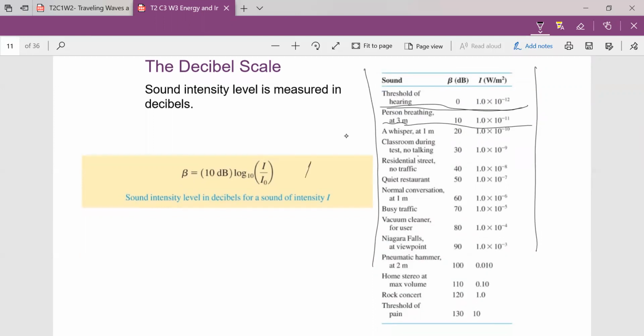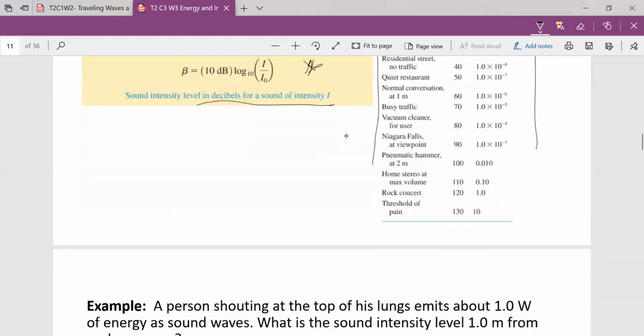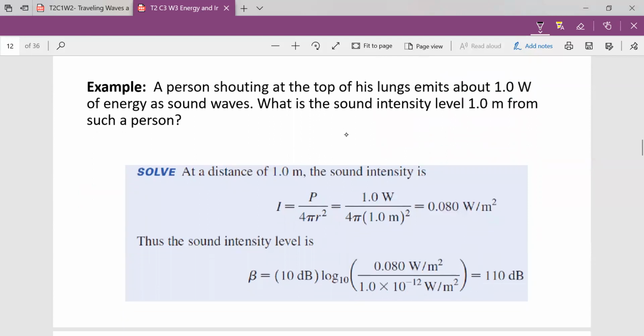And this is the standard formula for sound intensity level as described in decibels in relationship to the sound intensity I. Let's see an example to see how we apply that to solving physical problems.